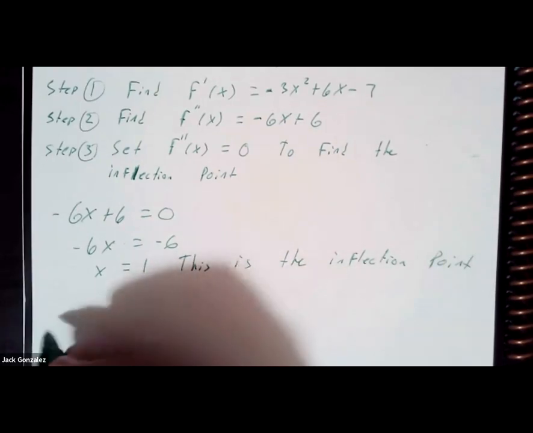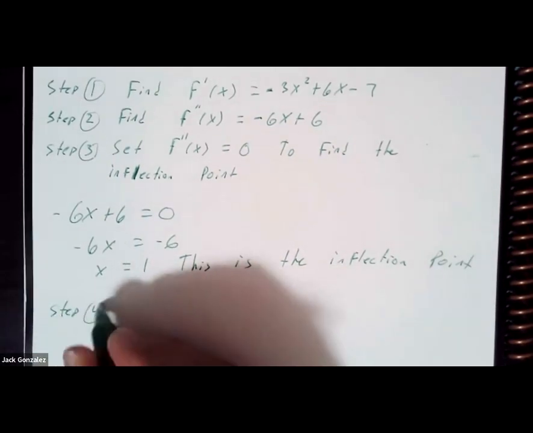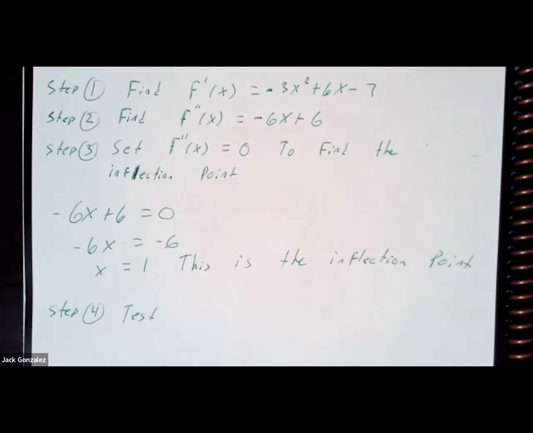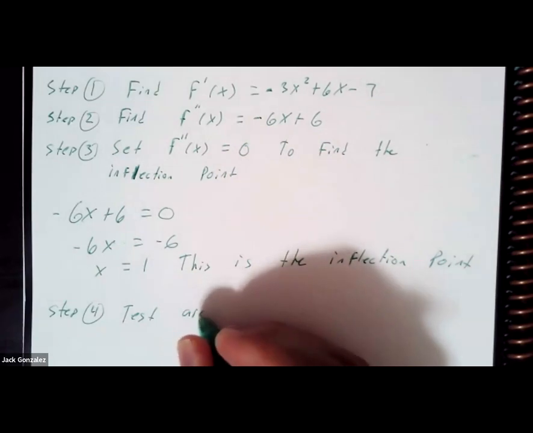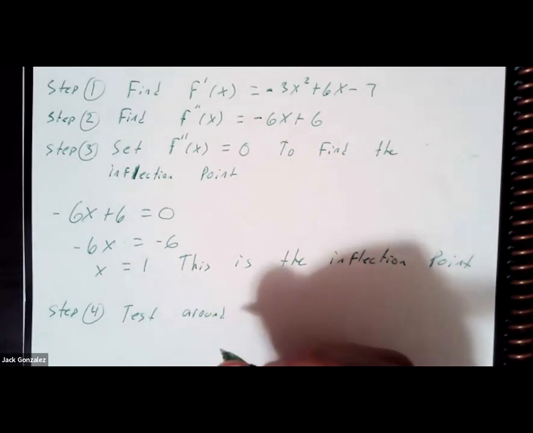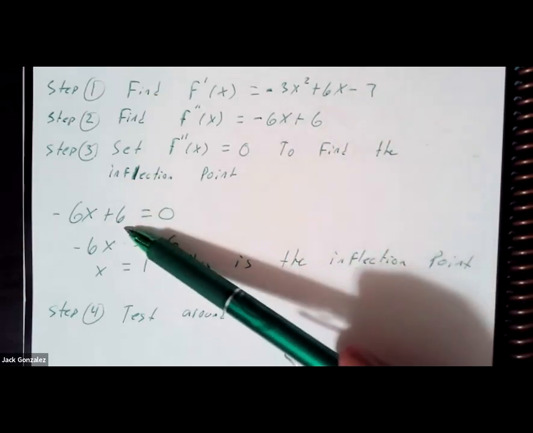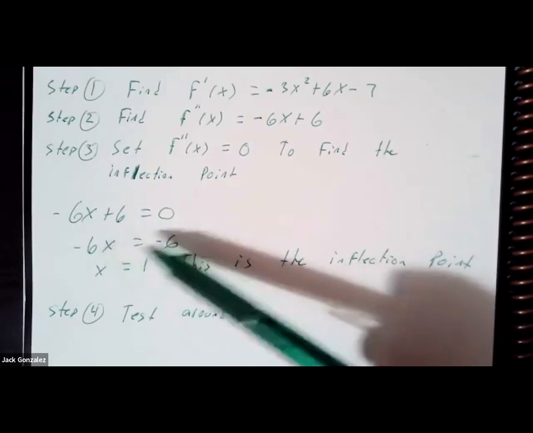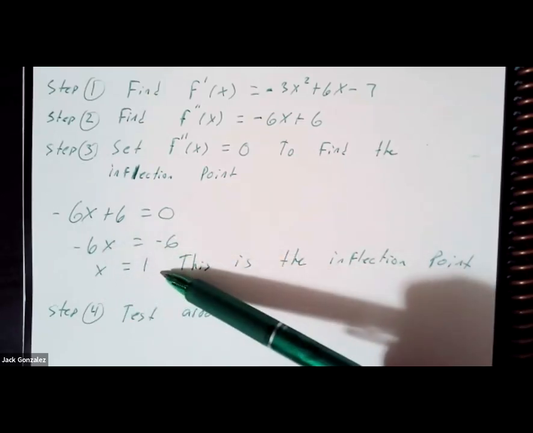So step 4. For this one, you would subtract the 6 and then divide both sides by -6, so it should be 1.